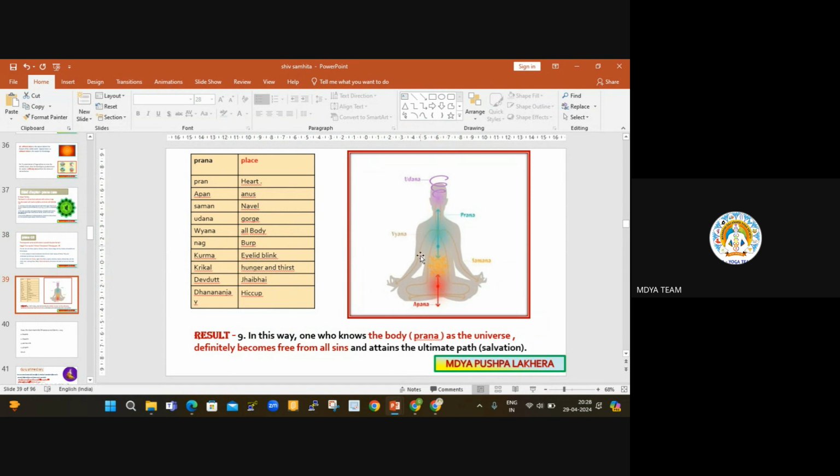Then V is present all over the body. This is the short trick to remember the five leading ones, and the other five are stated as the upapranas.